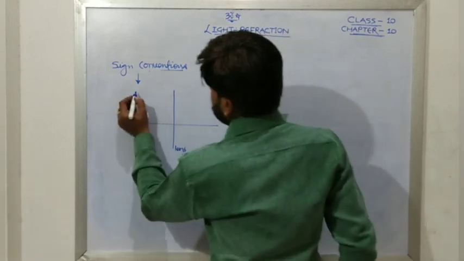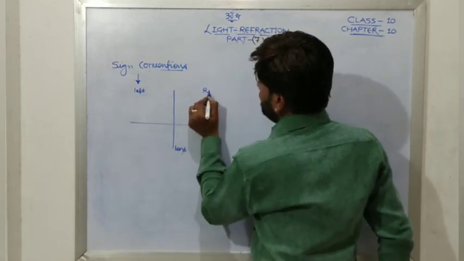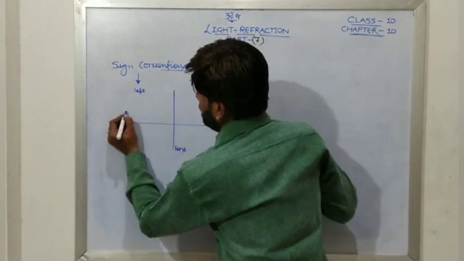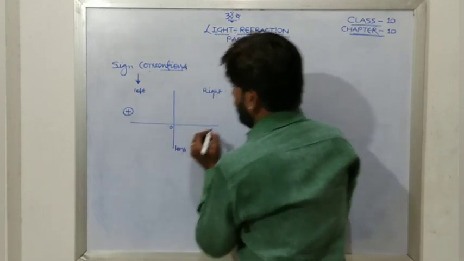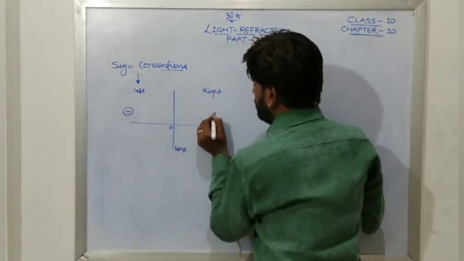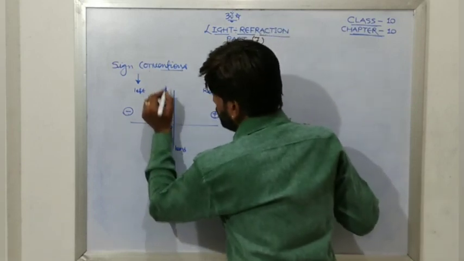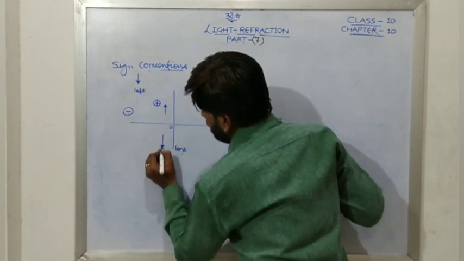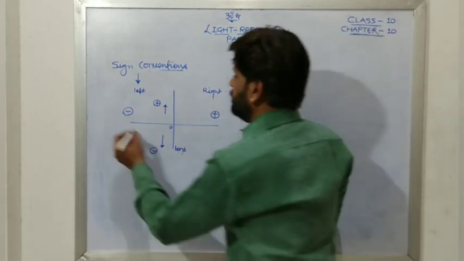This is the left side, this is the right side, as we have already discussed. According to the Cartesian coordinates, this is going to be negative and this is going to be positive. If we talk about the upper portion towards the y-axis, this will be positive, and downside this will be negative. According to that, our object will always be here.